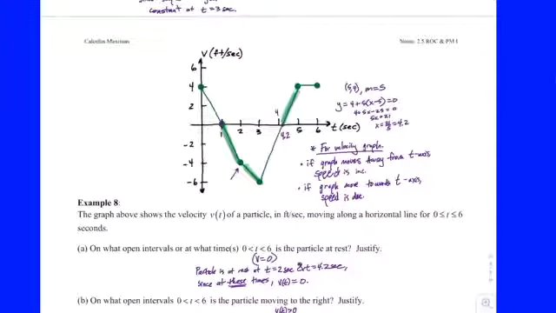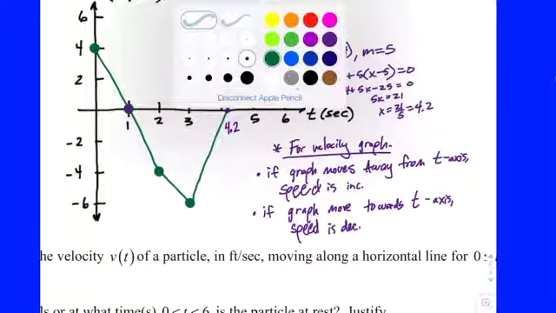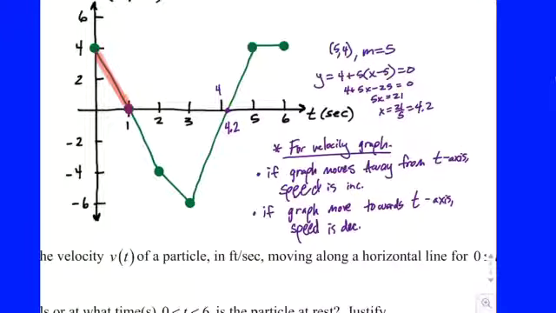And let's go ahead and answer the other question. When is the speed decreasing? Well, that's going to be when the graph is moving toward the t-axis, right? Because that's when your velocity is approaching 0.